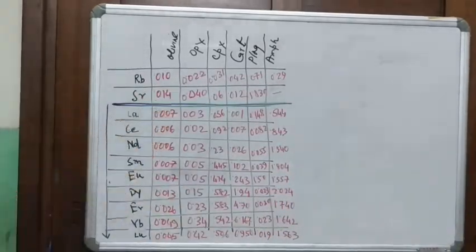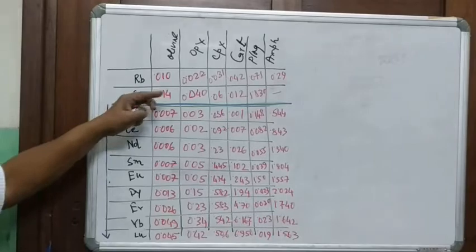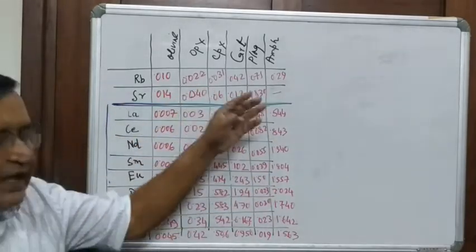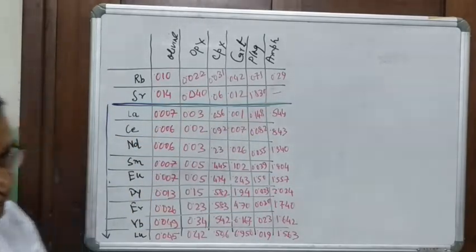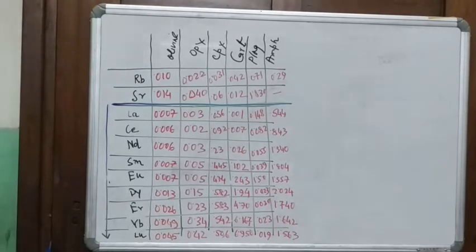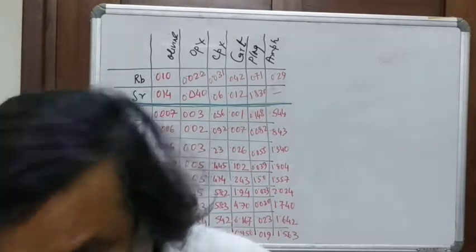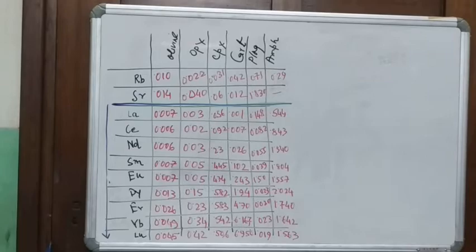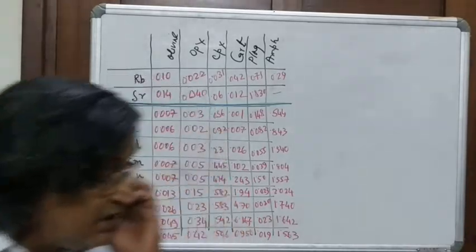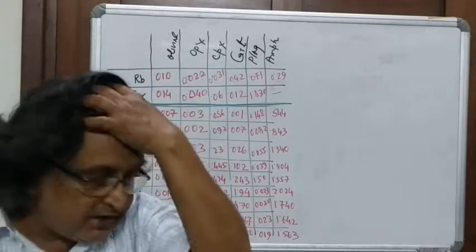I have given this to you so that you remember. First we will concentrate on the rare earths. This is very, very important. I will just give you an introduction and then continue in the next class.